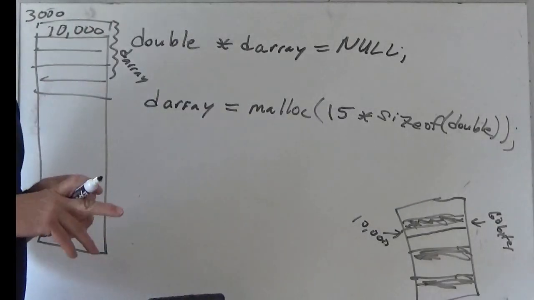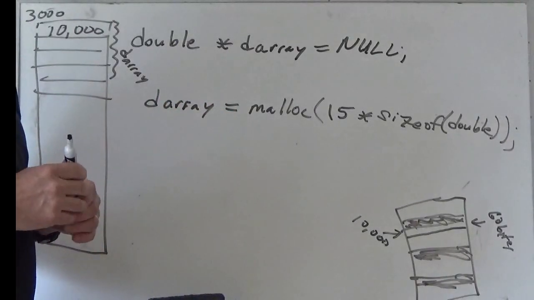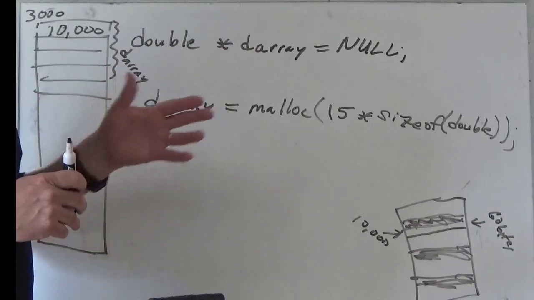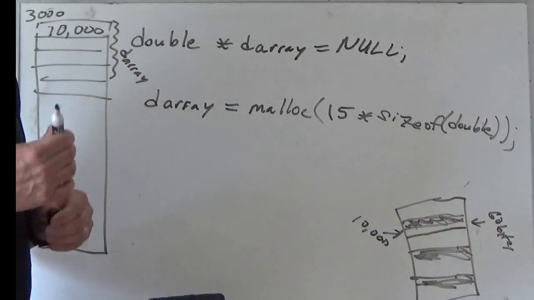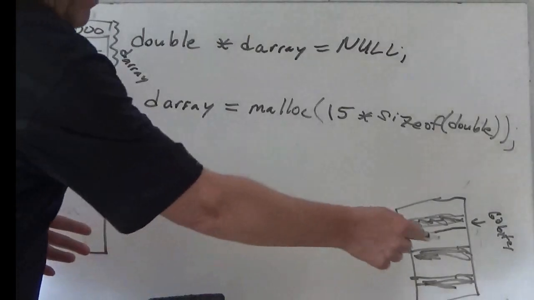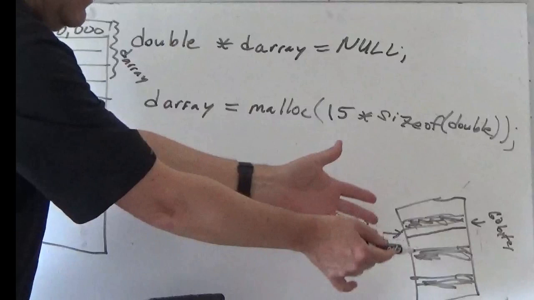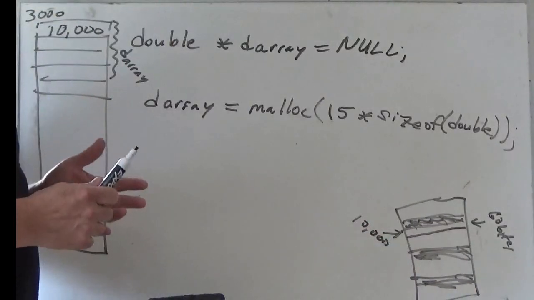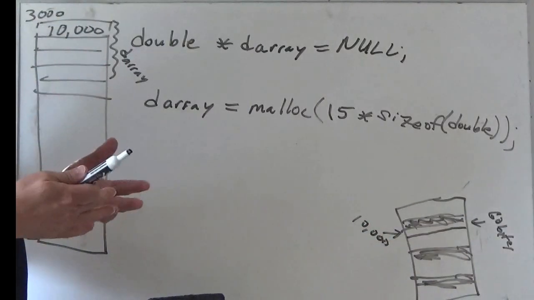One thing we have to be careful of: whenever we use malloc, we always need to check the return value of malloc. There could be a situation where there isn't any place in the heap with 60 bytes of contiguous memory.